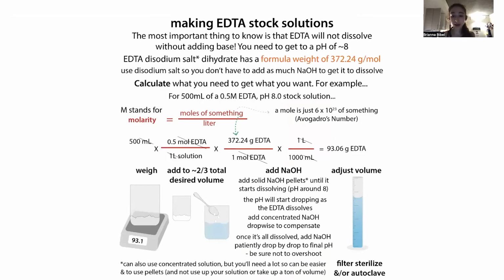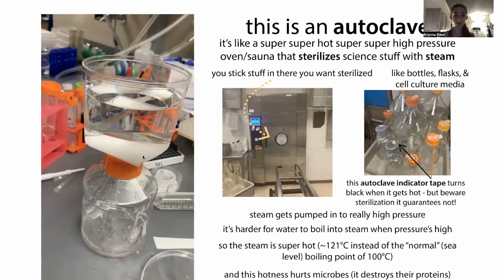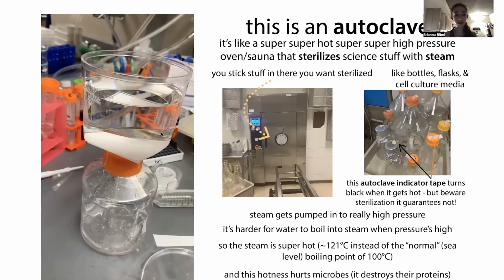Okay, so now the final step is to somehow sterilize it, typically. And so I filter sterilized it. I have this vacuum top, or this bottle top filter. Another option is to autoclave it. I actually use this nitrocellulose membrane, which binds to proteins.